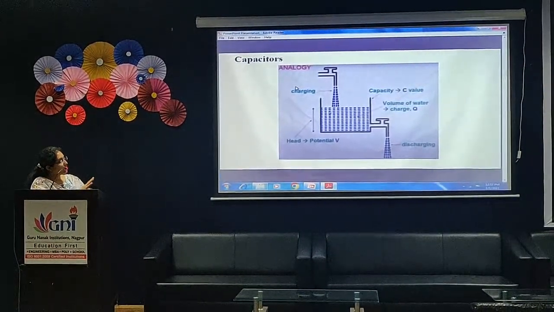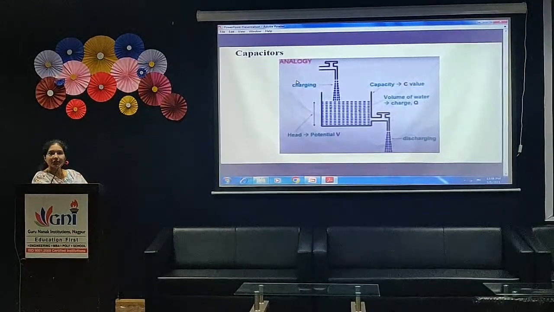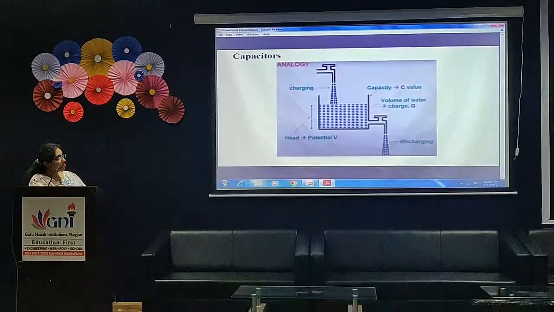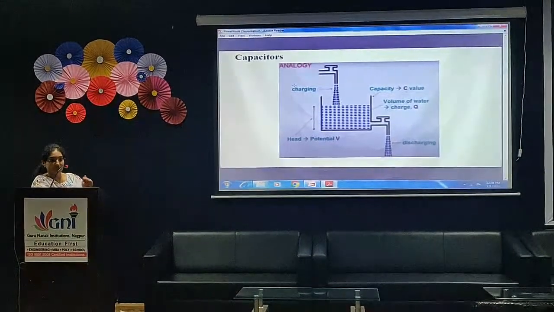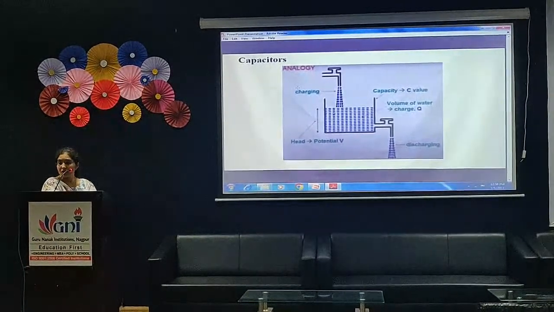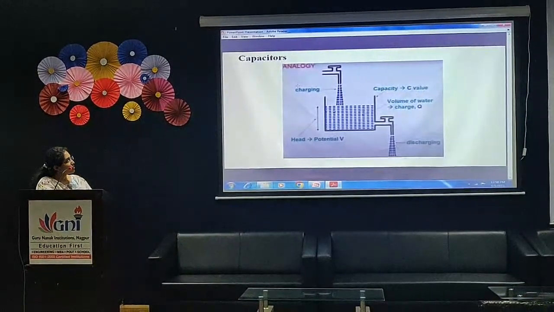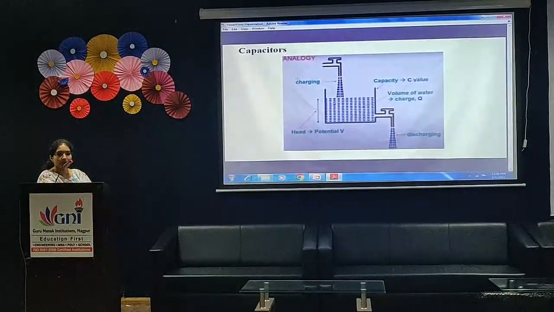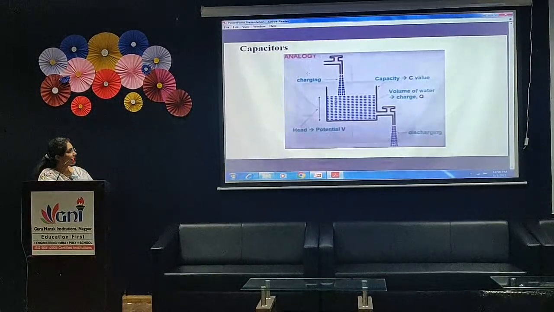The entire volume or capacity of that water tank is the capacitor value, and the total height of the water inside the tank represents the potential V of the capacitor. So this is a simple water tank analogy to understand the working principle of the capacitor. Next.